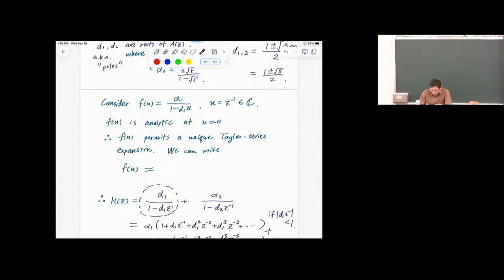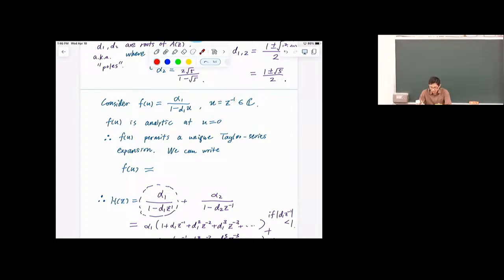When we consider an f of u which is a rational function, and we define f of u this way, where u, as you know, in our context is the inverse of z, which is a complex number.